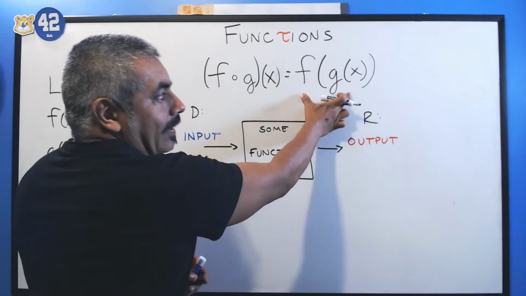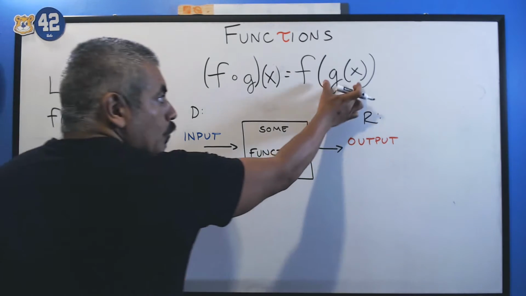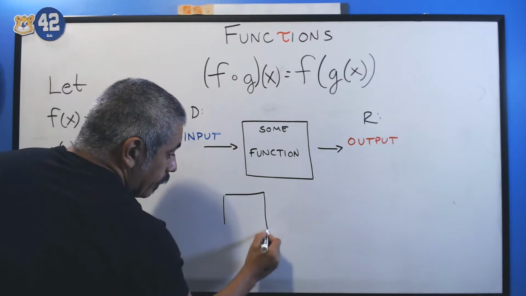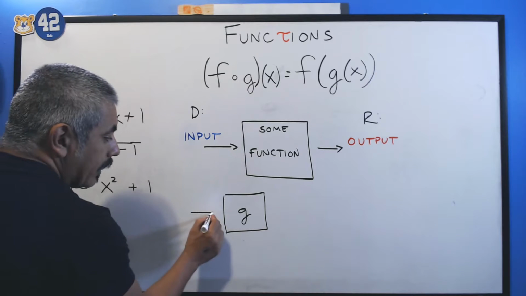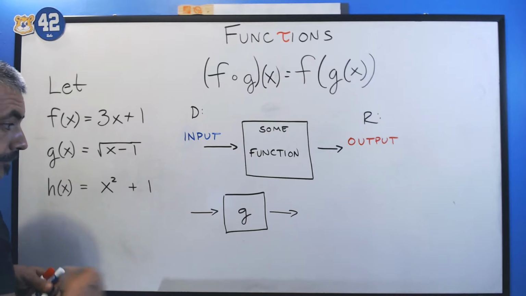What's happening here, though, is not as clear. The innermost function g is applied first. So think of this first function as g. You give g an input, and it gives you an output.